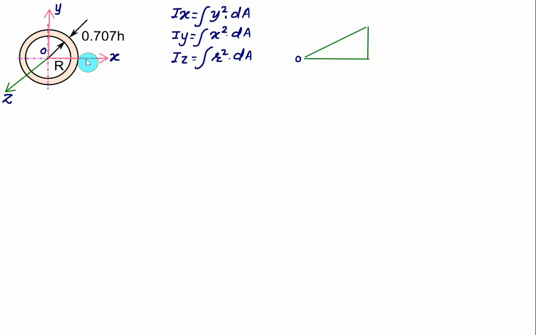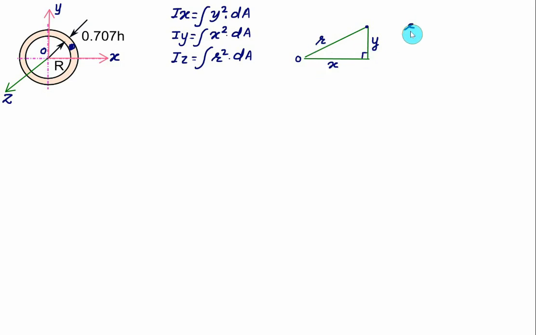If you consider any point or any differential area, it can be located at this point. So this distance is equal to x, this distance is equal to y. These two distances are perpendicular to each other, and this one is the shortest distance for z, equal to r. Here r square will be equal to x square plus y square.